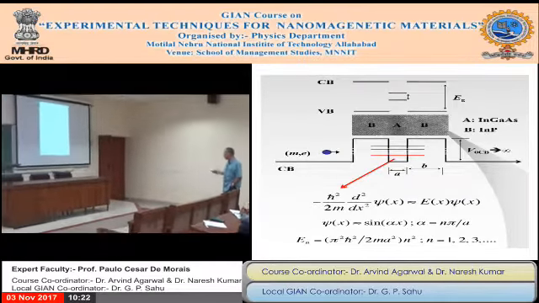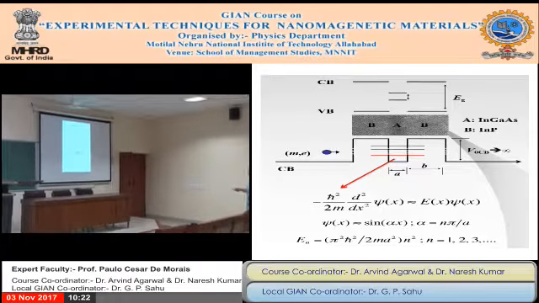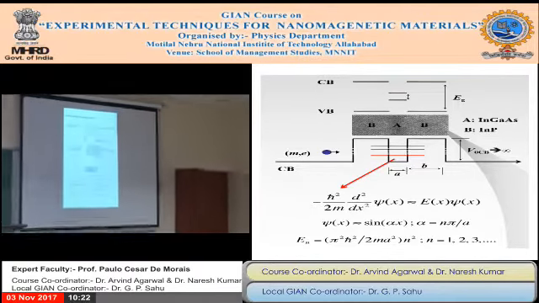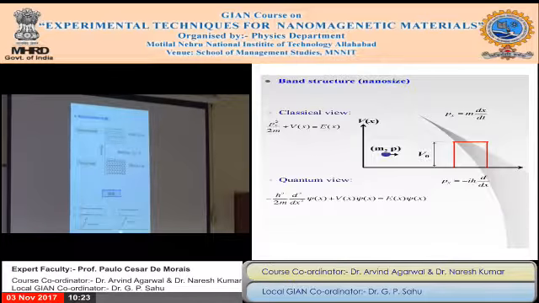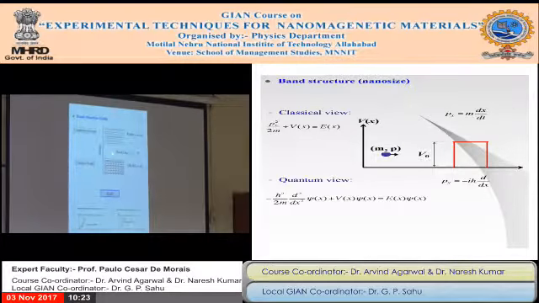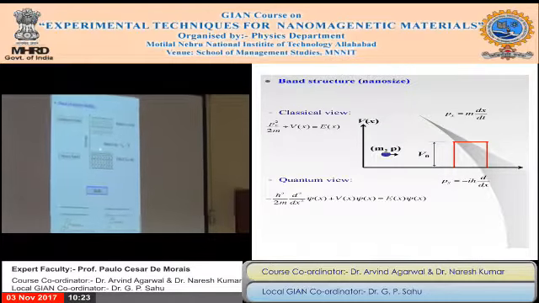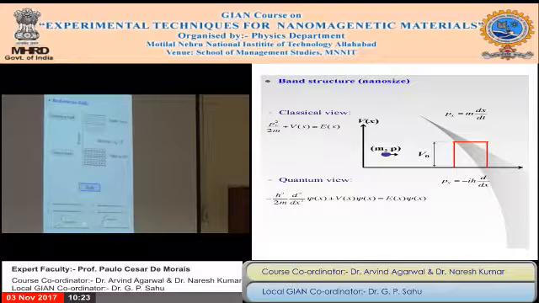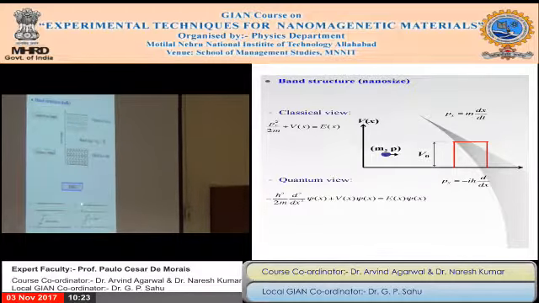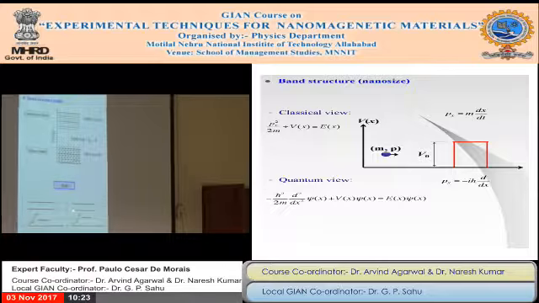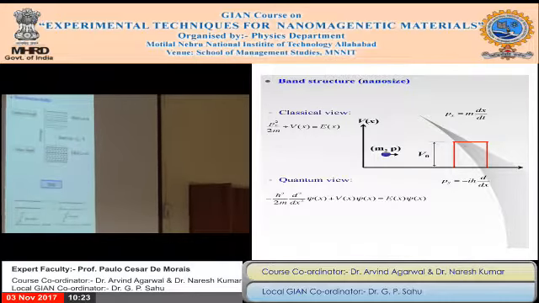here is the situation that takes place when you illuminate your semiconductor. If you illuminate your semiconductor, what happens is you just promote one electron from the valence band to the conduction band. So the electron goes from here to there. And then it wants to get back from the excited state to the ground state.